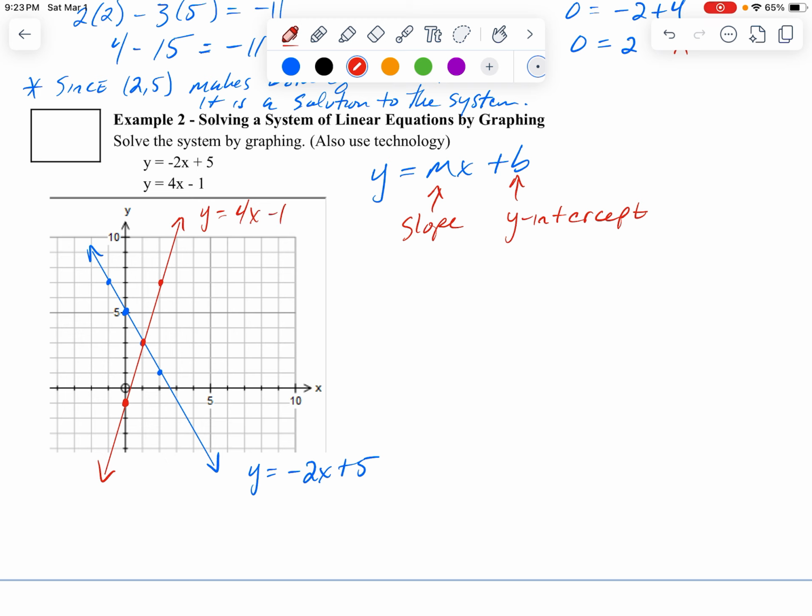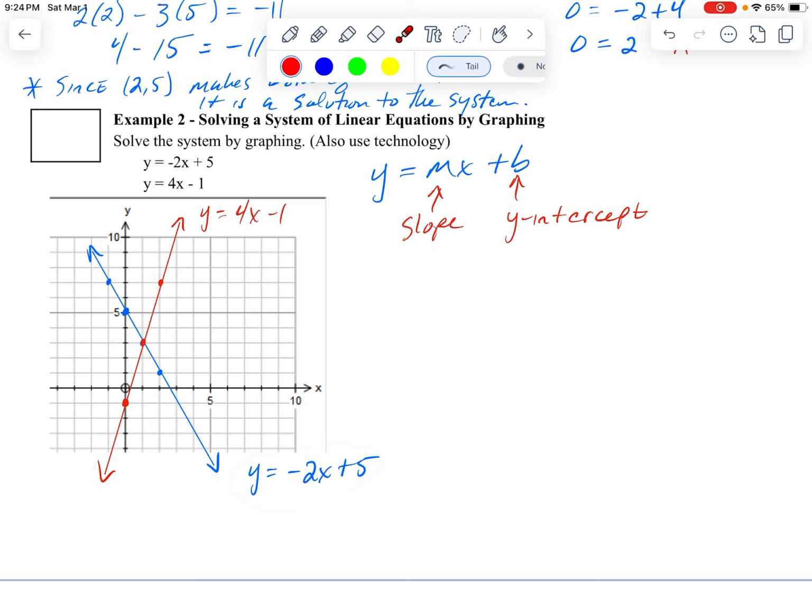There we go. So if we remember back earlier in the year, we said that solutions to an equation are the points on the graph. If I look at that blue line, the equation for this is y equals negative 2x plus 5. Every pair of x and y values that makes this true is a point on this graph. Every single one. That's what a graph is.